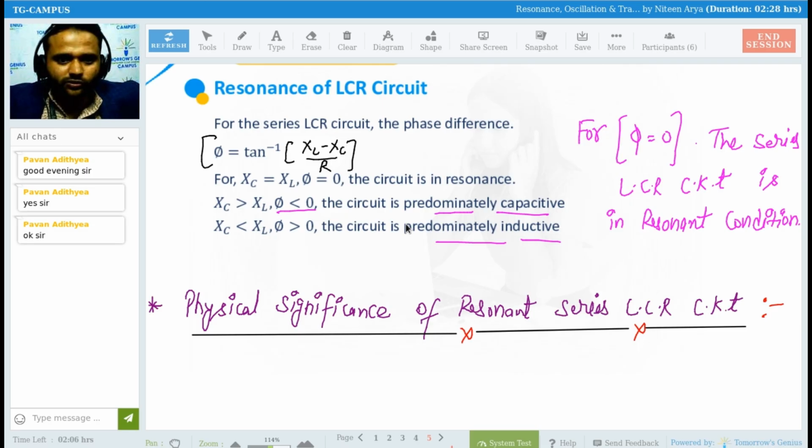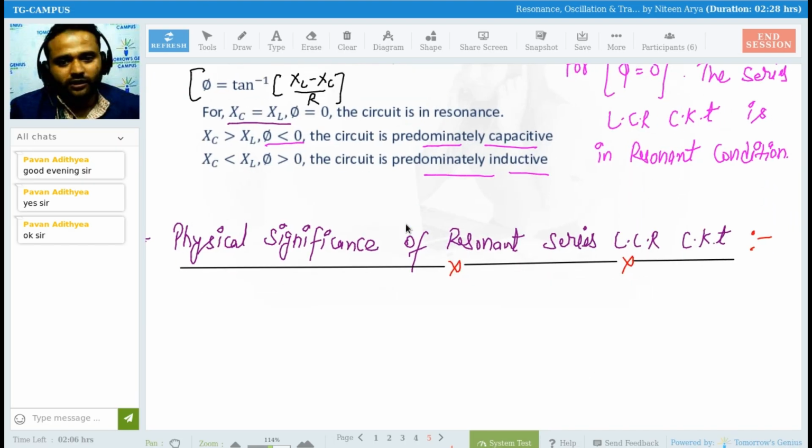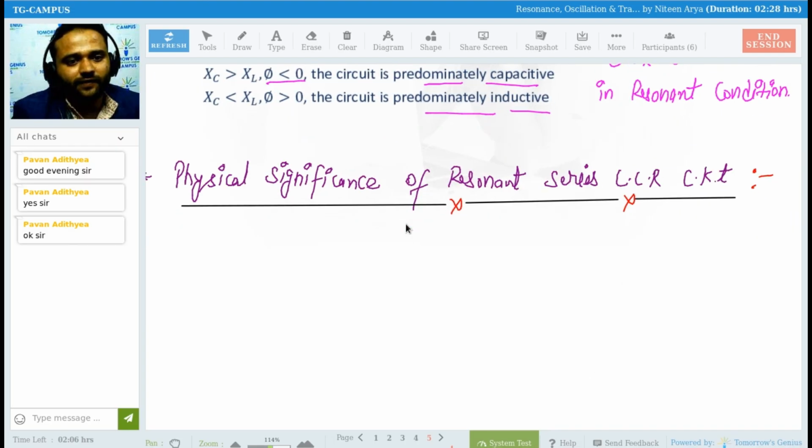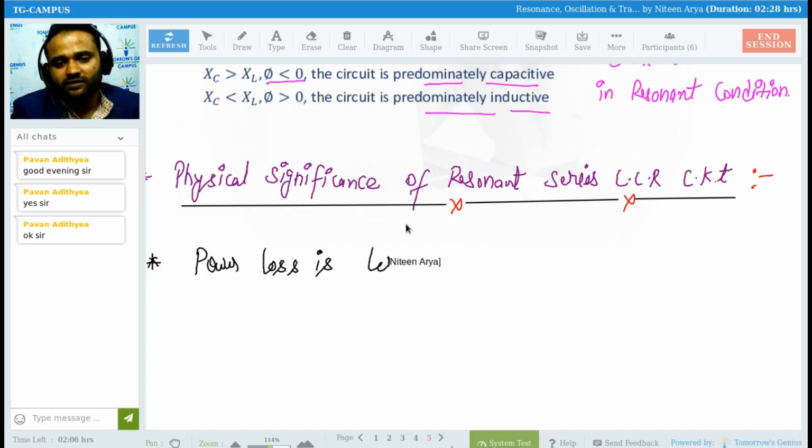Okay, first of all, resonance of an LCR circuit is the condition in which XL equals XC. This particular condition is known as resonance. There are two important physical significances: the power loss is less. Now, from where does it come?